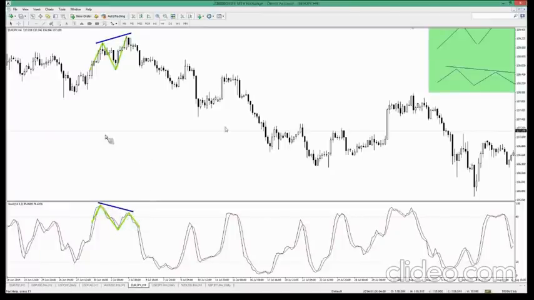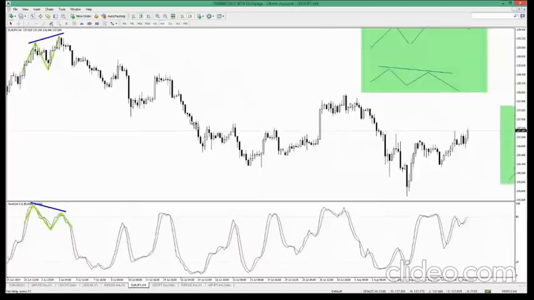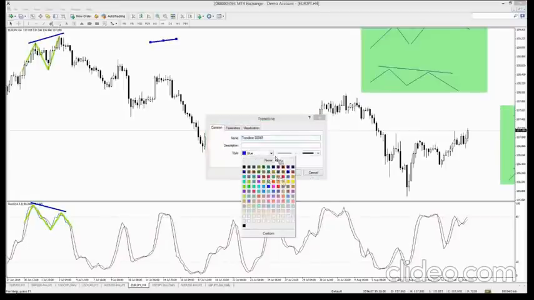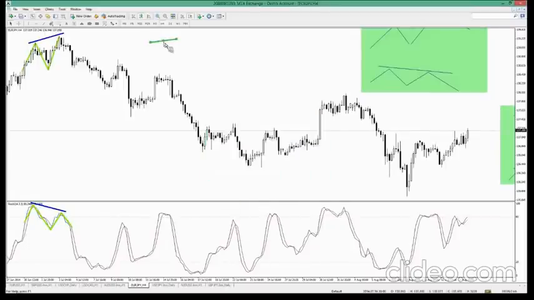Now, if we look at reverse divergence, this is why I say it takes a little bit of getting used to. We have a trend which we've identified. Price makes a shift down, and then it rallies. But look what the indicator does. Price moves down, the indicator moves up.